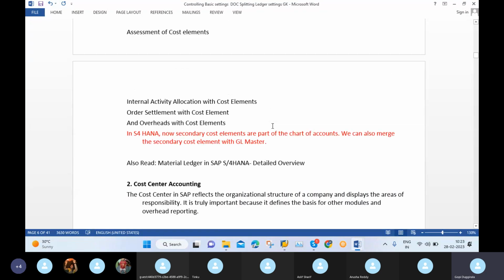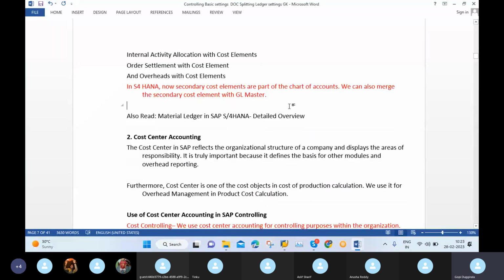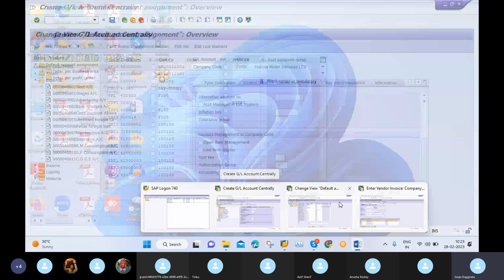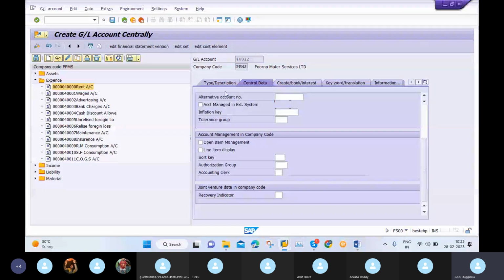But where it comes to SAP S4 HANA, we can merge them with the GL master. Why? Because there is no separate transaction code to create a secondary cost element in controlling in SAP S4 HANA. There is no T code. If you want to create a secondary cost element, we can create it within the GL account only.